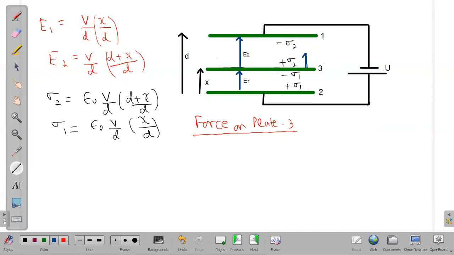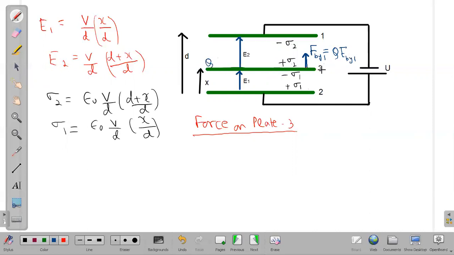This is the force by plate number 1, equal to the total charge on plate number 3, which is capital Q, multiplied by the electric field by plate 1. Remember, the total charge on plate 3 is still capital Q, which is conserved.